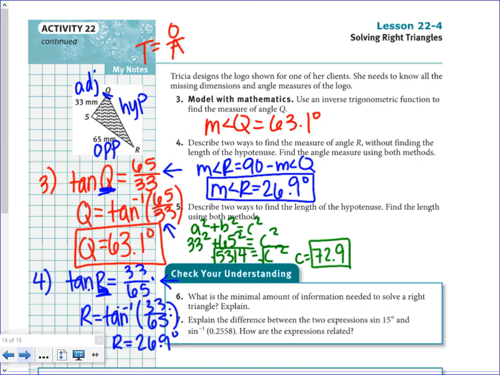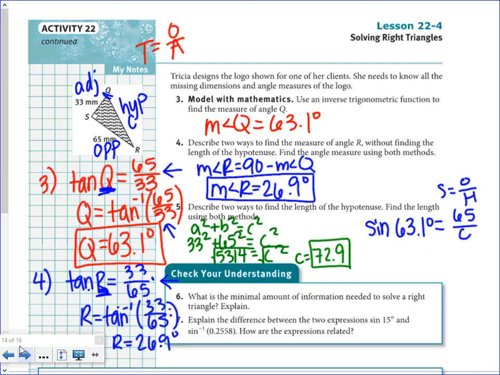So I'm going to label hypotenuse as C, just so that I get the same variable as what I had earlier. You can use sine or cosine. If you use sine, sine is opposite over hypotenuse. So we said angle Q. So the sine of angle Q, which is 63.1, and then 65 over C for your hypotenuse.